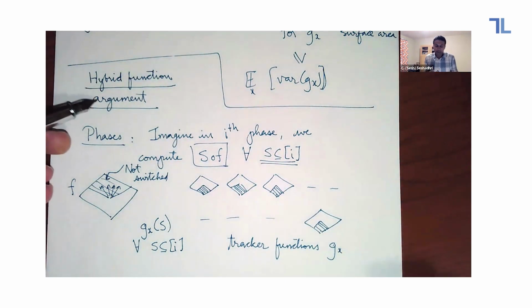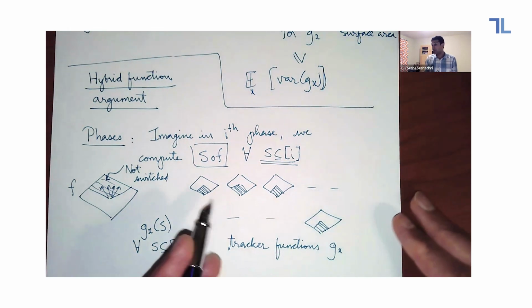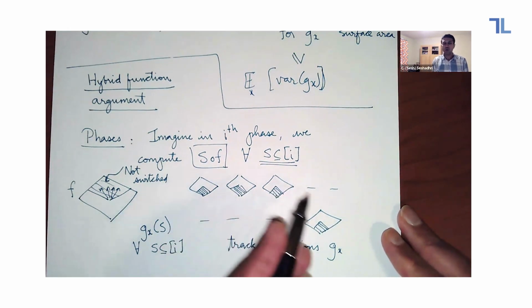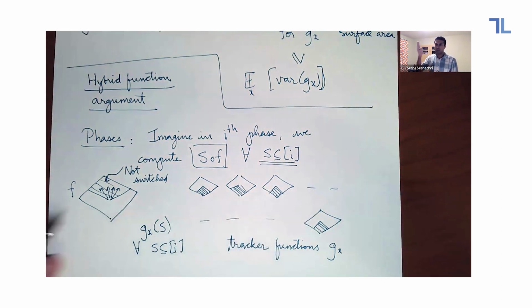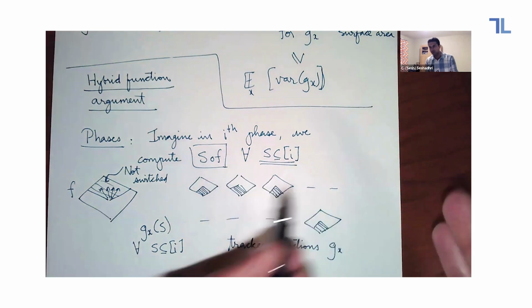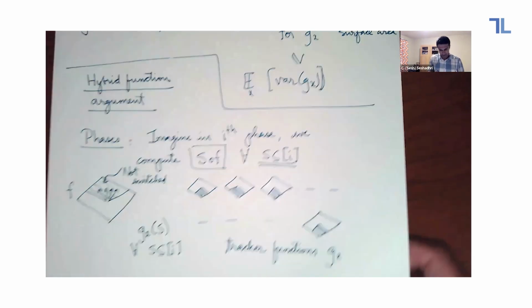I'm going to write down a long, unwieldy expression. But the picture you should have in mind is that for some coordinates, we're going to track the influence in the undirected sense. In other coordinates, we're going to track the influence in the directed sense. And this I is going to shift coordinates from one to the other. So let me write this down.